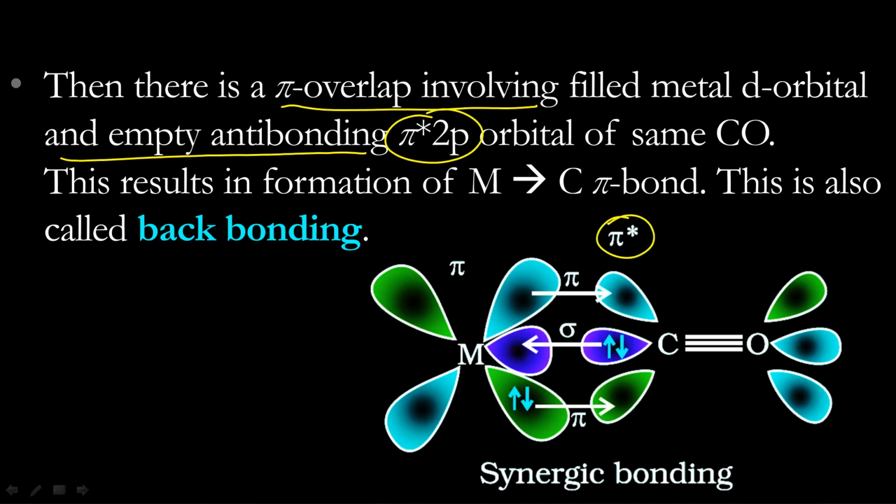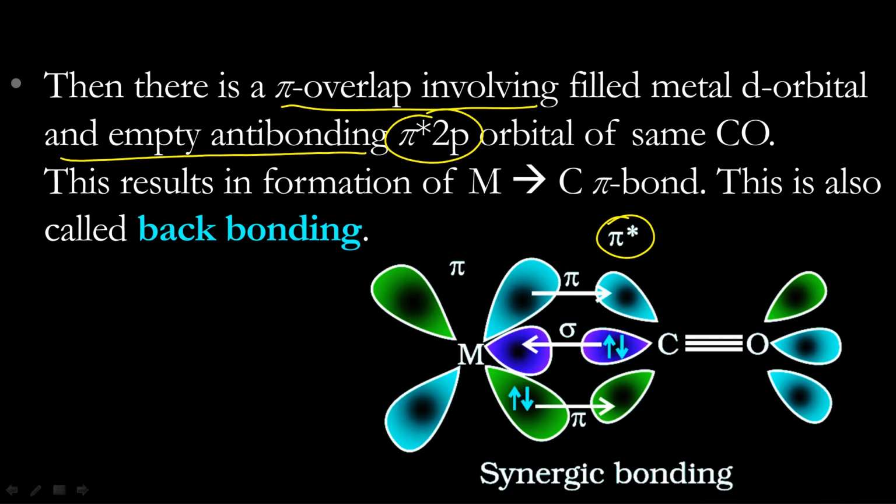So these are pi anti-bonding orbitals. Can you recall molecular orbital theory from 11th grade? There were bonding orbitals and anti-bonding orbitals. Bonding orbitals are those which help in making the molecule stable, and anti-bonding orbitals make the molecule unstable. You remember we calculated the bond order, bonding electrons minus anti-bonding electrons divided by 2.